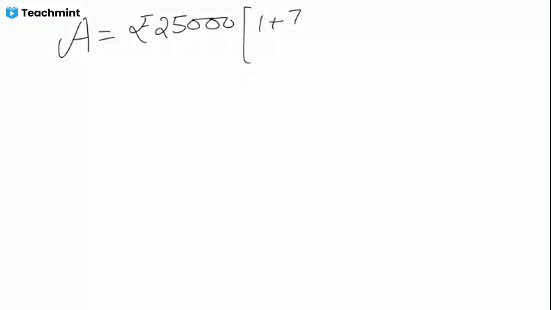So amount A is equal to P, that is 25,000, in bracket 1 plus 7 over 100 to the power 3.